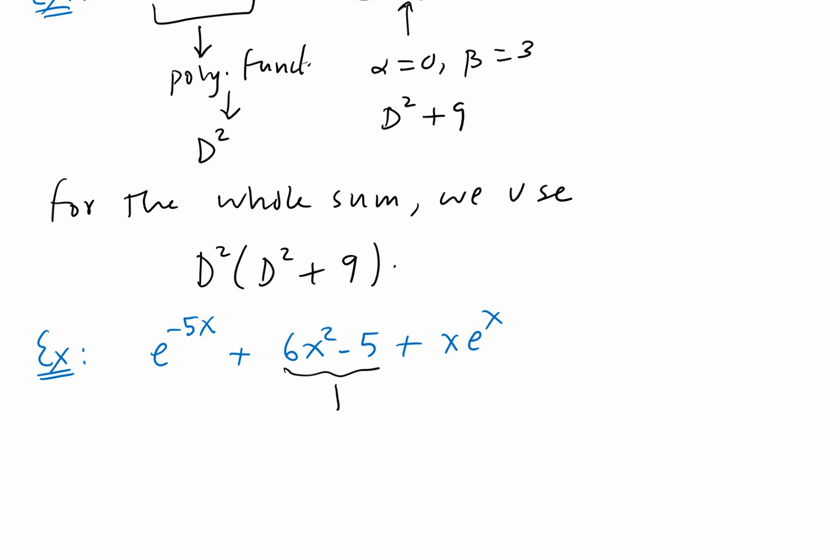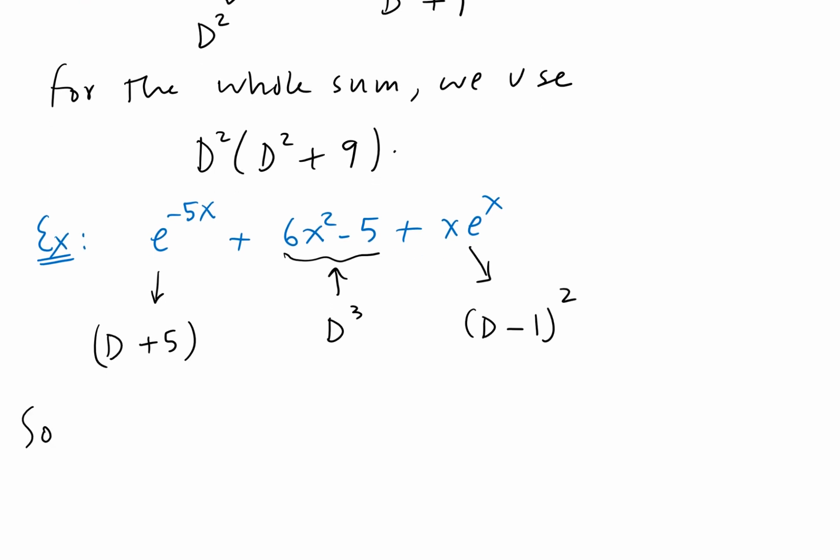The middle one is a polynomial function with degree 2, so d cubed will annihilate this. For e to the negative 5x, we use d minus alpha, so it becomes d plus 5. And for the last one, d minus alpha is d minus 1, and the repetition makes it squared. So the product of these annihilators will annihilate that expression.